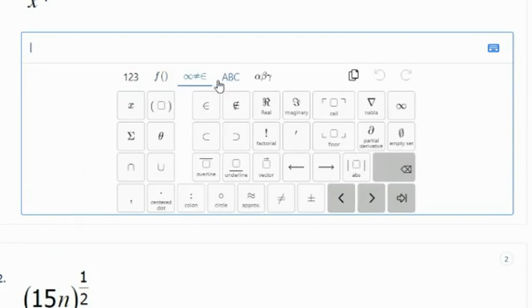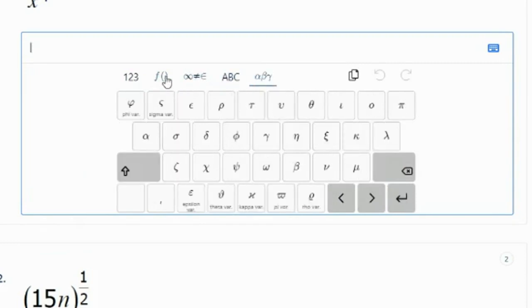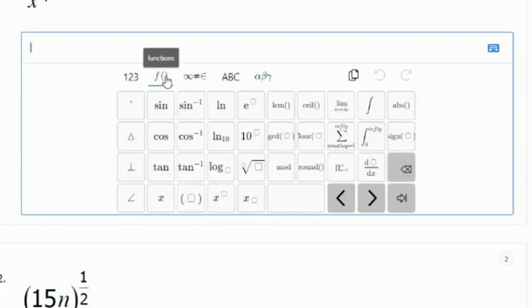But we want to go to this function menu. And right here in the middle, on the third row, is this button. If I click that button, it gives you a place to type the index. So I can say this is the third root of, say, k squared. It's got a place to put that third root right up there.